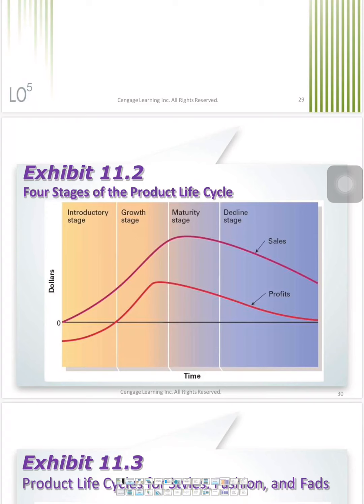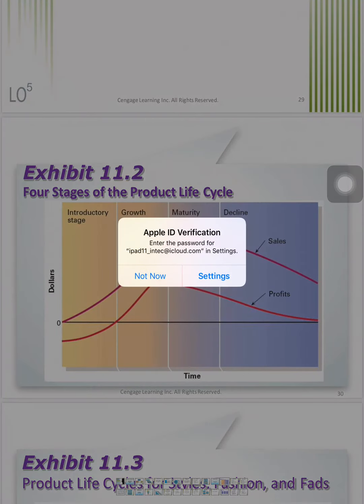Okay, so in this stage, saturated market, yes, an annual model appears, of course, you come up with a new model, and a latent product line, and then service and repair assume important roles, and heavy promotions to consumers.